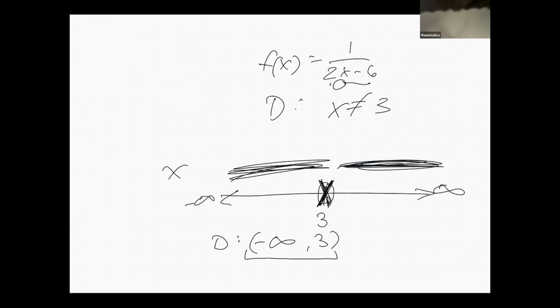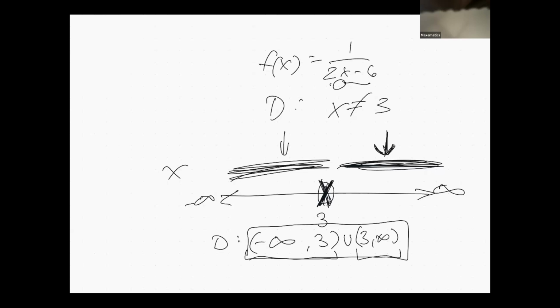Okay? Well, we can also be everything to the right of 3, right? This was everything to the left of 3. This is everything to the right of 3, and that would be 3 to infinity. Again, 3 not included. So this right here would be the domain written in interval form. A good way of looking at this just says everything except 3.